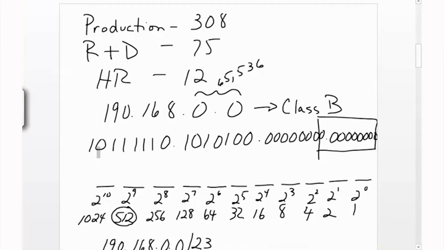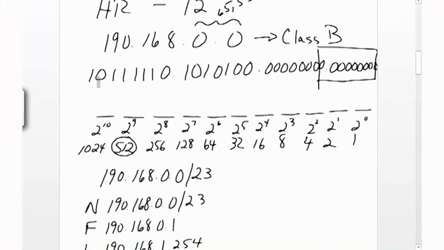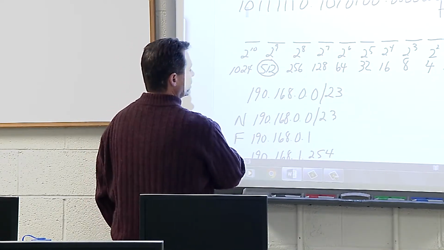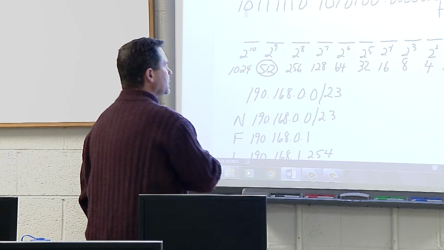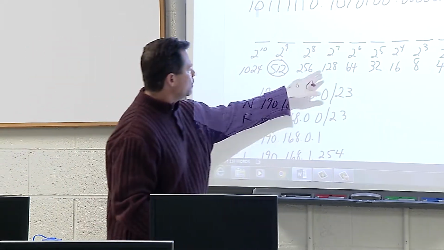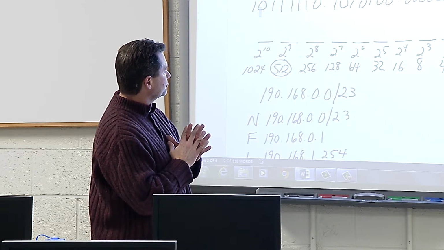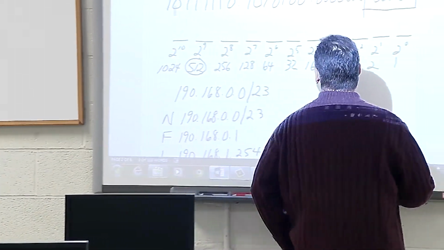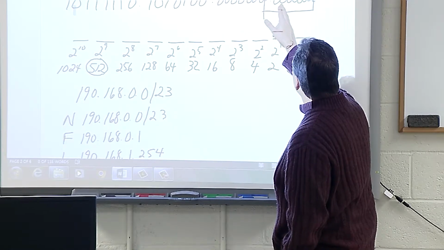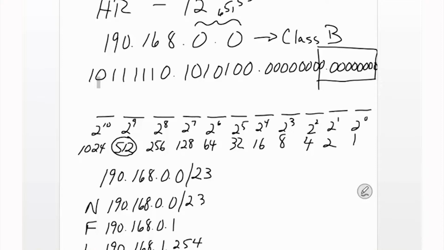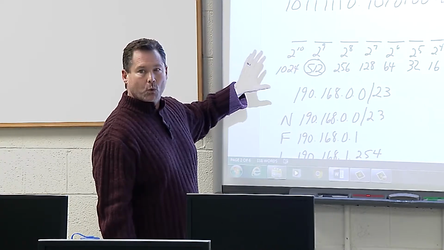Before I jump back down to the screen, I look at my binary format here and realize 64 is too small, but 128 is going to capture those 75. So I'm going to stop right there, at the 25th bit.